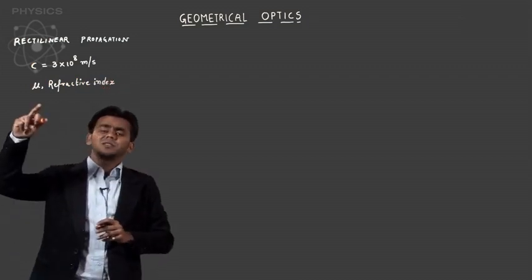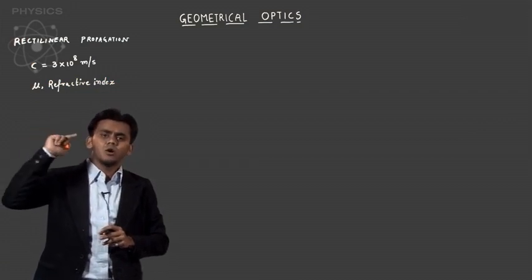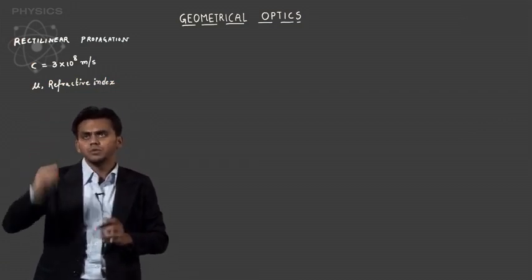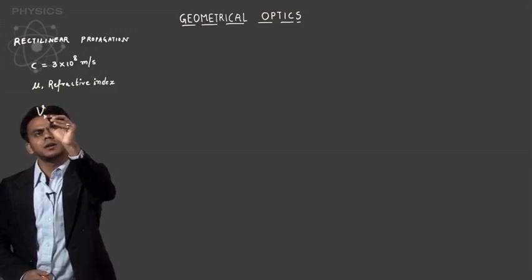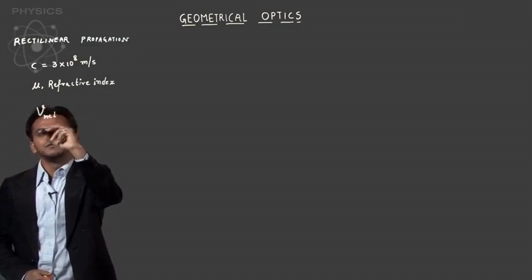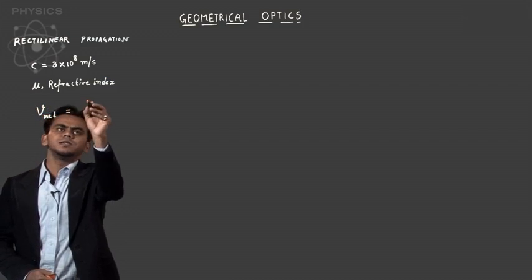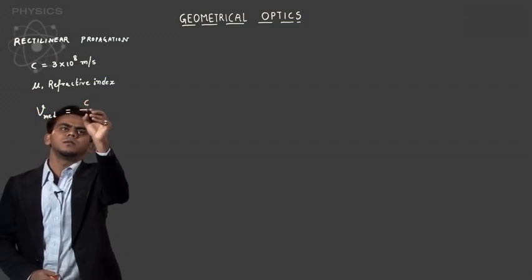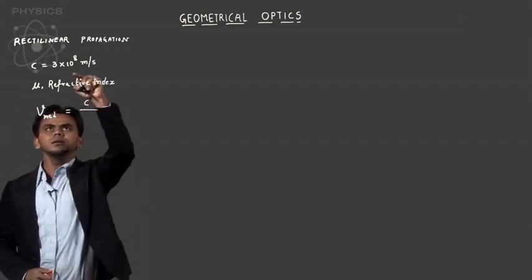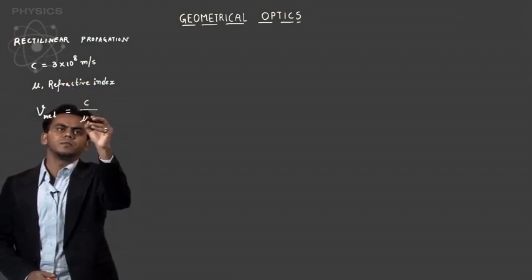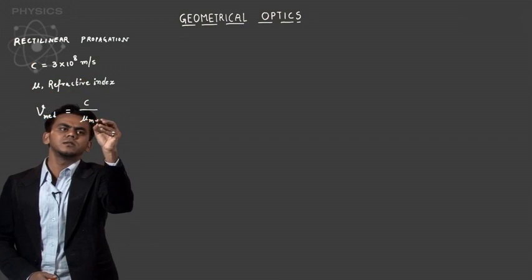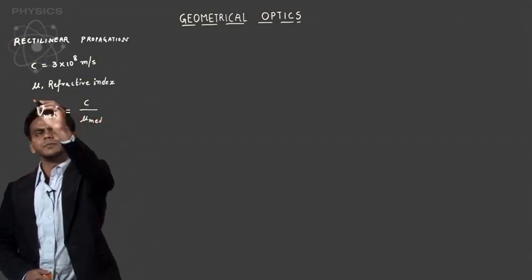This gives me the velocity of light in that medium. So velocity of light in a medium, I can just subscript medium over here, V medium is equal to c upon mu of the medium, or refractive index of the medium.